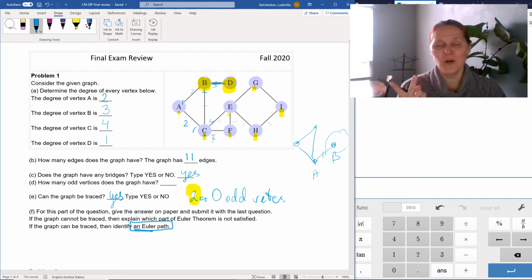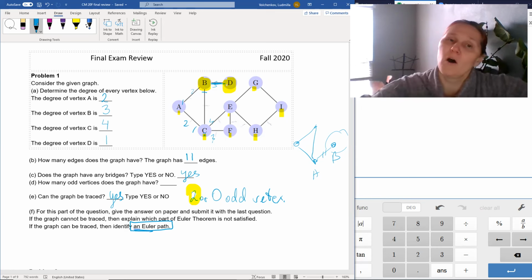If there are 2, then you start at one of them and finish at another. You can start at B, finish at D, or start at D, finish at B. If there are more than 2 odd vertices, you cannot trace the graph. You must write that there are more than 2 odd vertices and the graph cannot be traced. But here we can trace this graph.